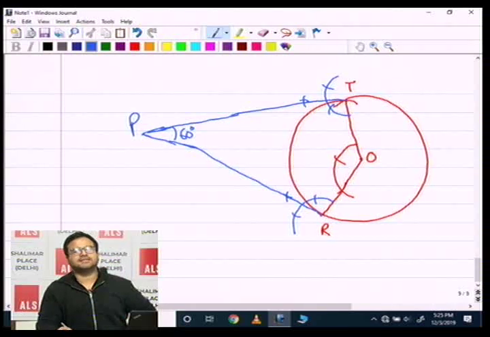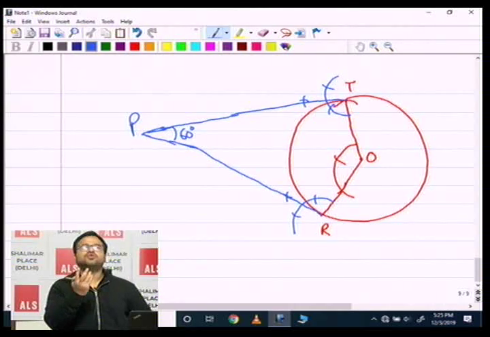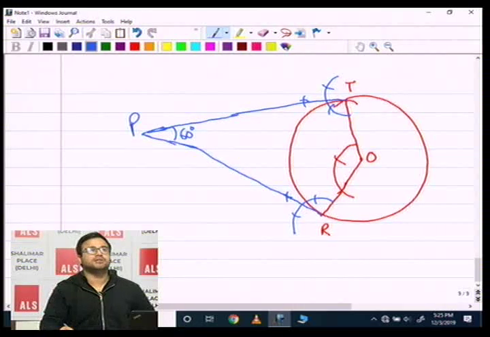Some deviation is acceptable. Suppose you are getting 59 or 61, up to 2 degrees it is acceptable. But make sure it is not more than 2 degrees. If the required angle is 60 and you are getting 65, that is not acceptable. So are you getting it?